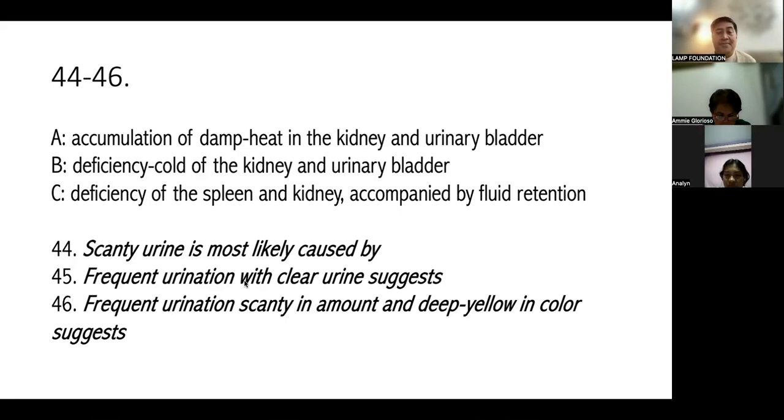Okay, number 44 to 46. Number 44, scanty urine is most likely caused by letter C, deficiency of the spleen and kidney accompanied by fluid retention. Okay, bakit nagkaroon ng fluid retention? When you have deficient spleen and kidney?